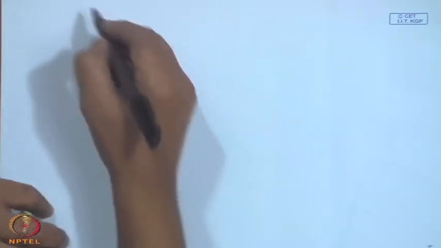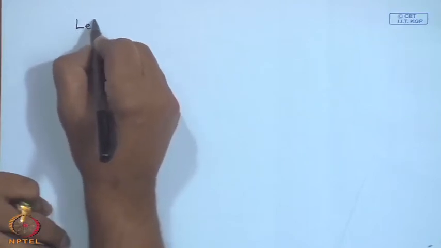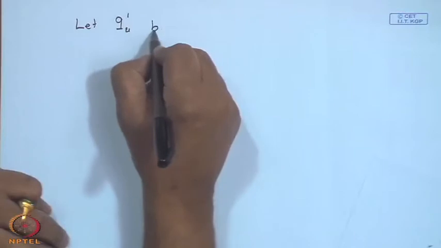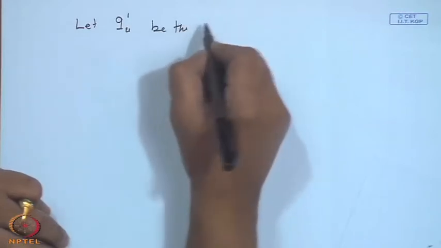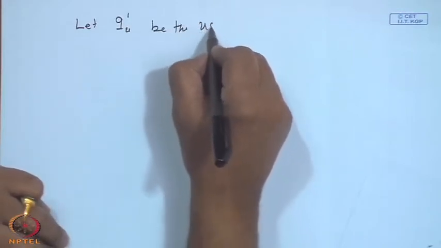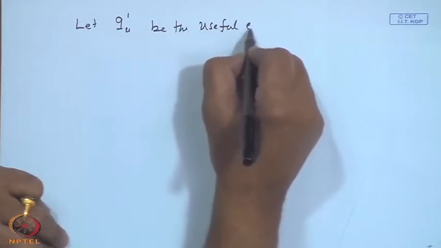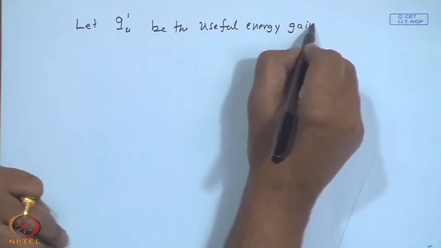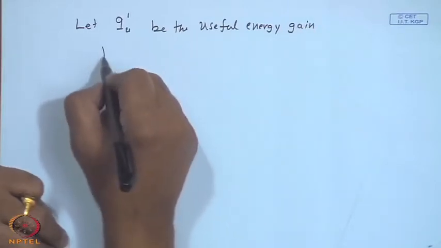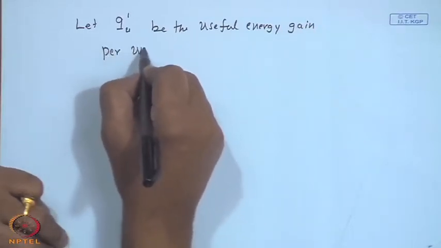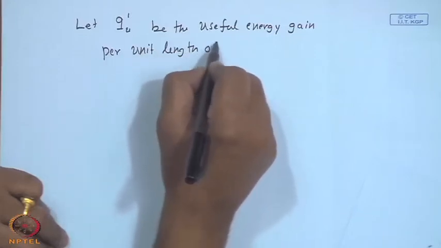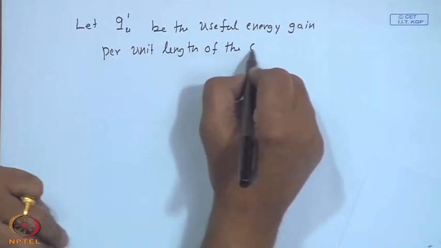So, now let Q u dashed be the useful energy gain per unit length of the collector. Okay.